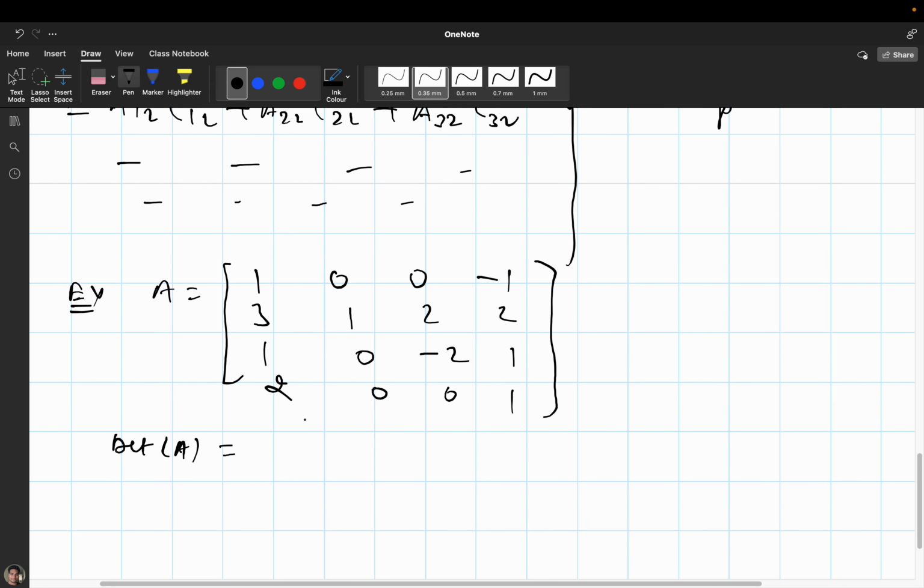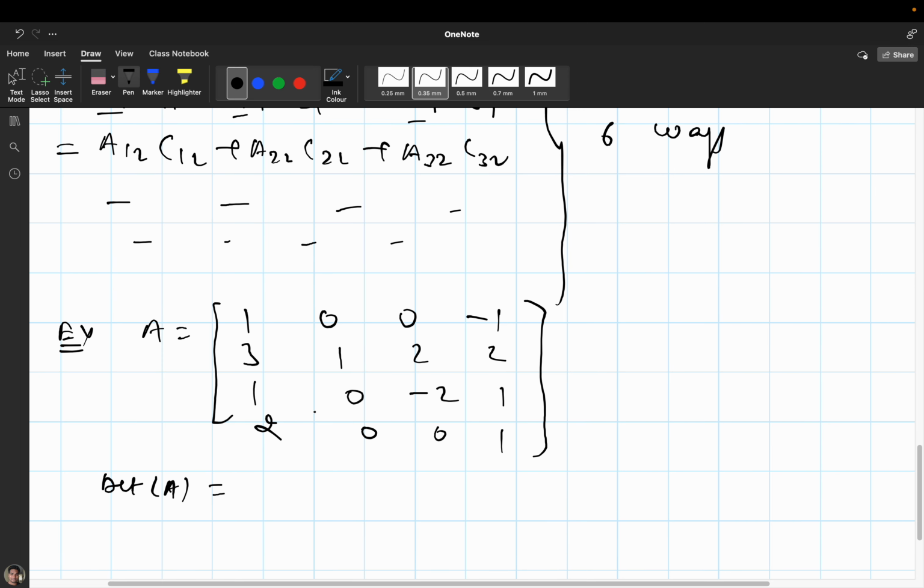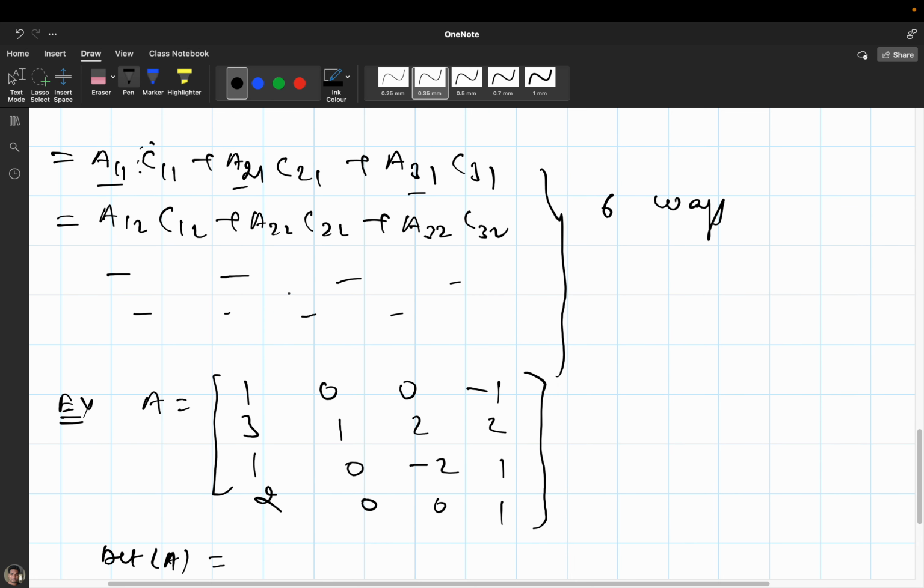The clever way is in how I choose either whole rows or columns. If we take rows or columns whose elements are mostly 0, then we can determine the determinant very fast.